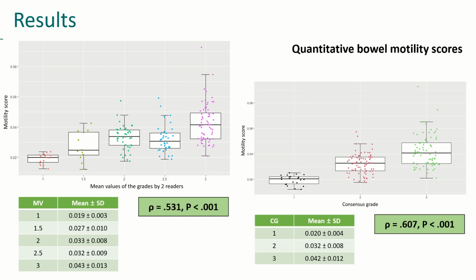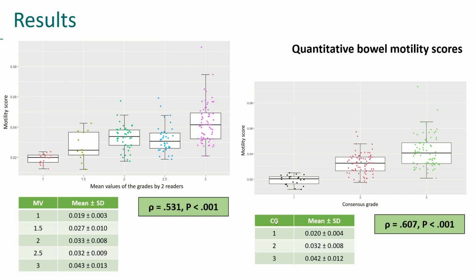These are motility scores aligned with qualitative grade. Based on the MV as a reference standard, mean of motility score was 0.019 in grade 1, 0.027 in grade 1.5, 0.033 in grade 2, 0.032 in grade 2.5, and 0.043 in grade 3.